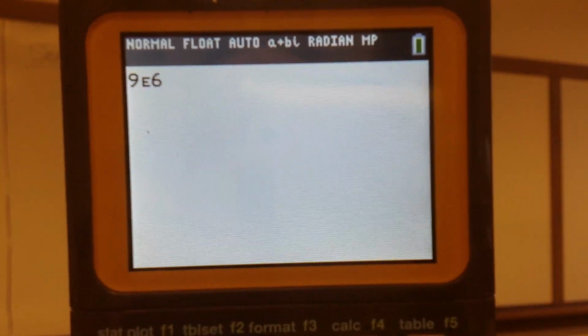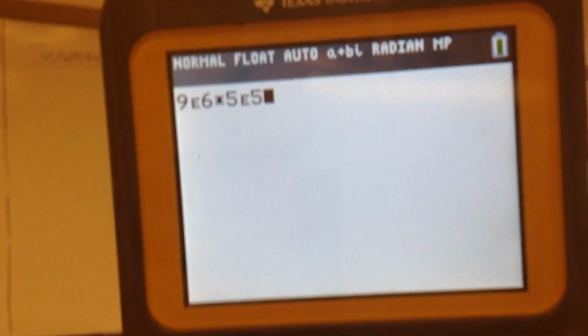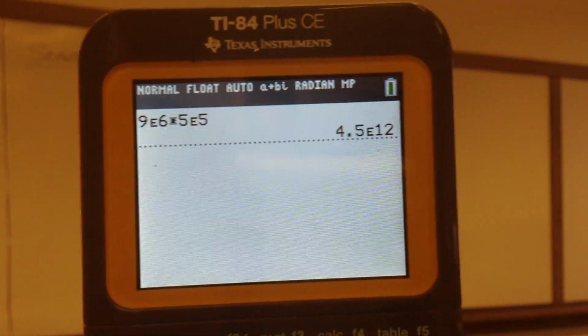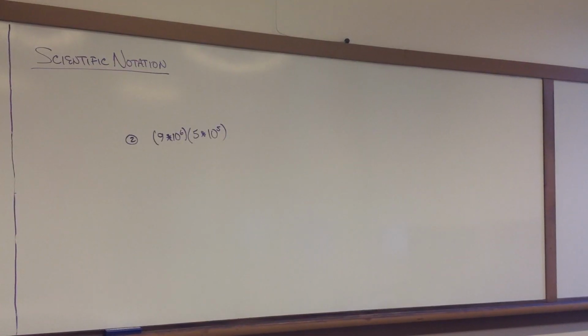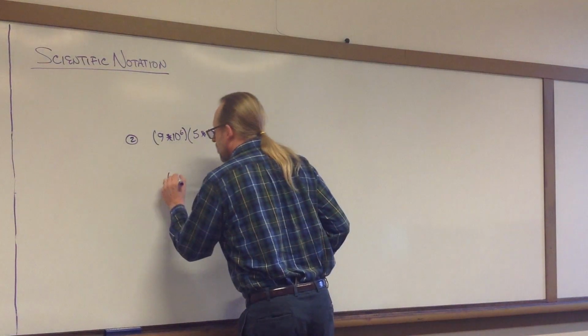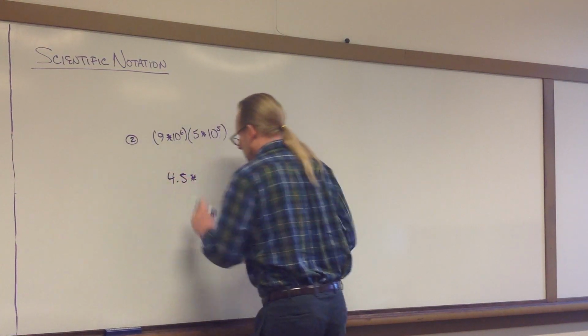So on the calculator it looks like 9E6, and then we hit times, and what we're multiplying it by is going to be 5E5. And then we hit equals, and there's our answer, 4.5 times 10 to the 12th power. Now, your calculator may work a little bit differently from this one, but they typically work in a similar way.